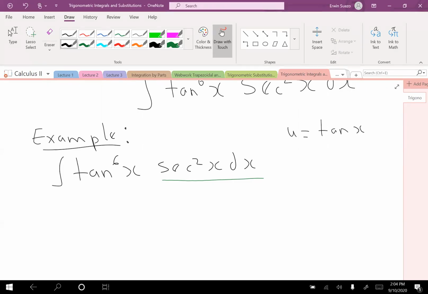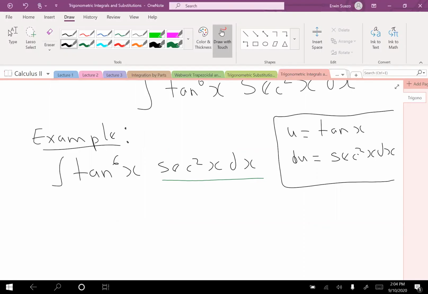If it doesn't work, well, then you try something else. And then du will be secant square x dx. Okay. And I will show you in a second again the guidelines that the book gives you to deal with these integrals, and you'll have these guidelines in the exam.